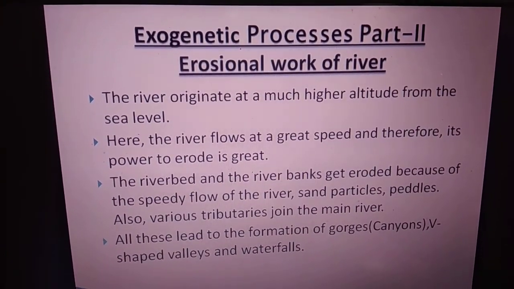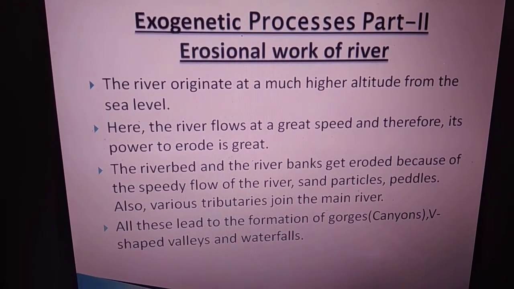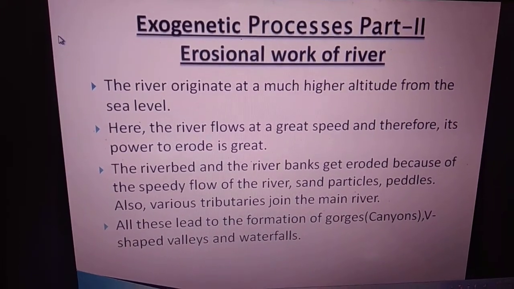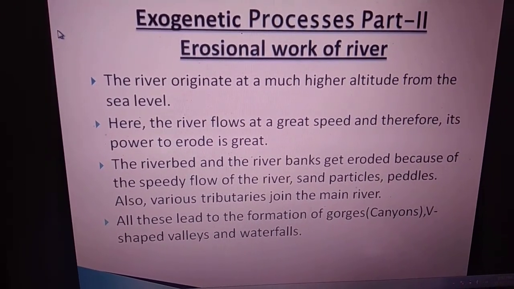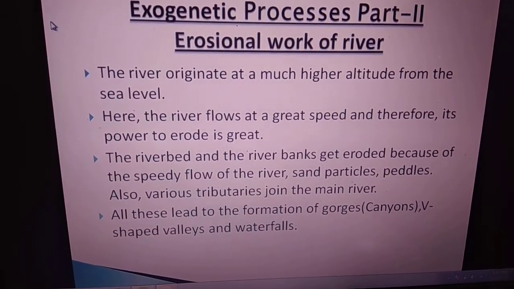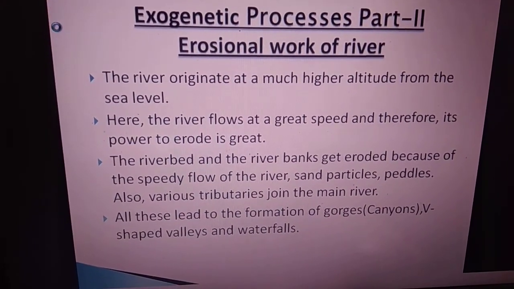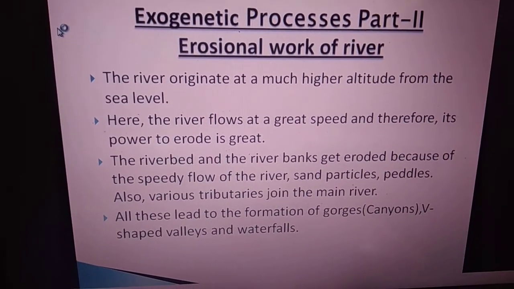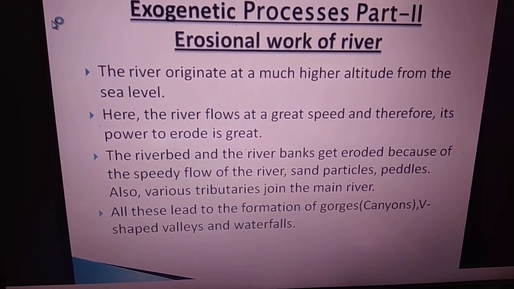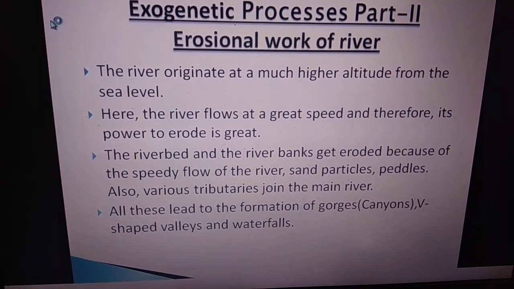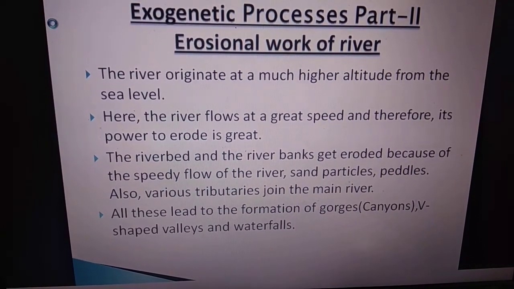So our next topic is the erosional work of a river. First point, the river originates at a much higher altitude from the sea level. Second point, here the river flows at great speed and therefore its power to erode is great.